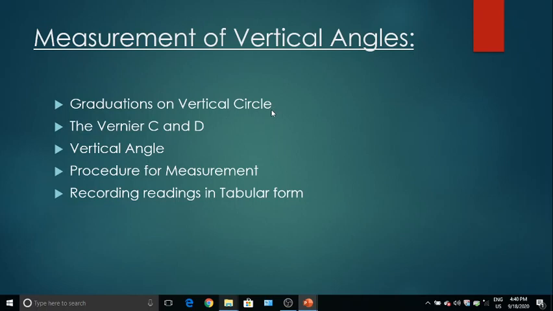It may be of two types, 0 to 90 degrees in 4 quarters, or 0 to 360 degrees as a single set. Verniers C and D are firmly fixed onto the vertical circle frame, and the main scale of the vertical circle is actually attached to the telescope, and by rotating the telescope, the main scale is also rotated in the vertical plane.